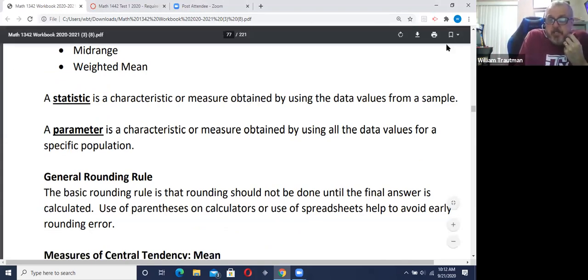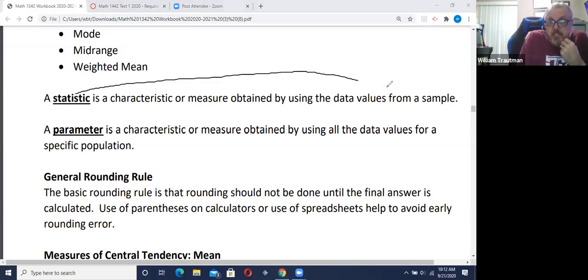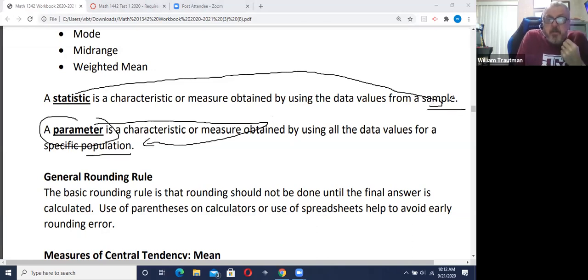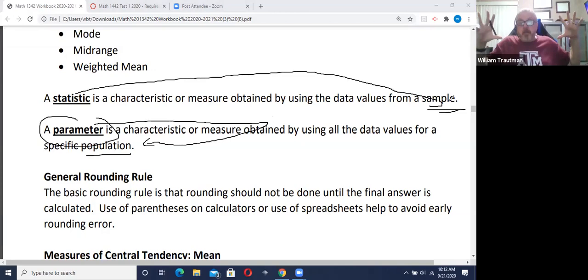Well, the main thing about this, I am going to stress that when you talk about a statistic, it's a sample. And when you talk about a parameter, it's a population. Remember, a sample is part of the population. Population is everything we're talking about. A sample is a small part of the population.